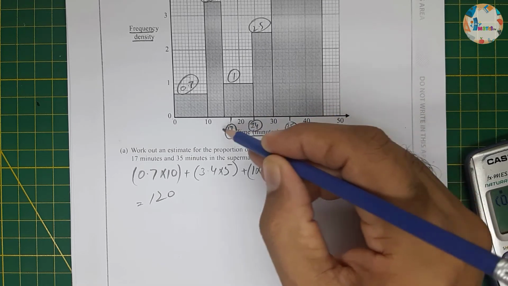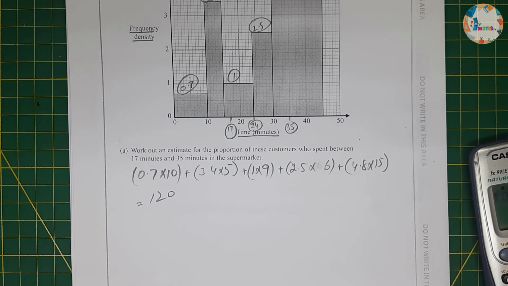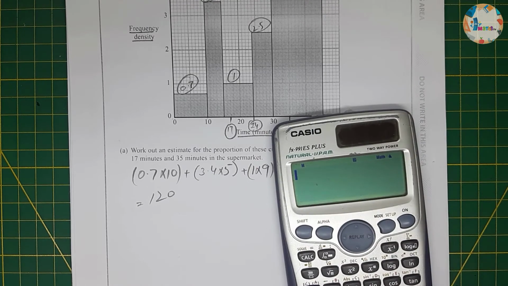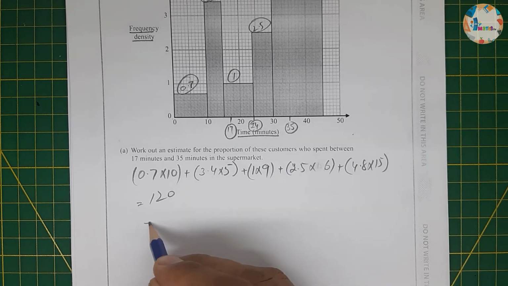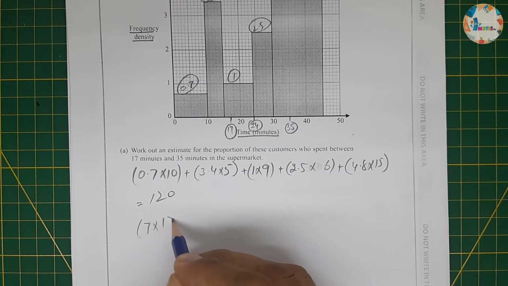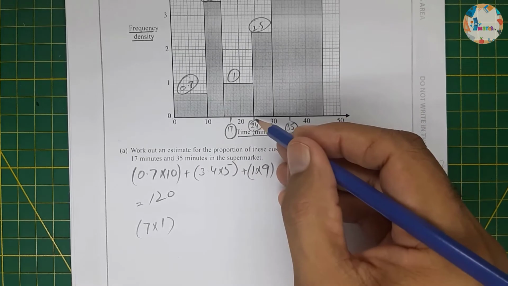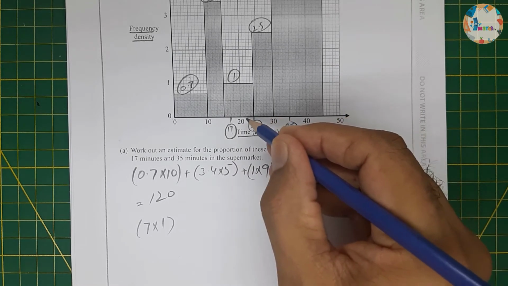So 24 minus 17 is 7. So 7 multiplied by 1, 7 from here to here, multiplied by this one, and 24 to 30 will be 6.